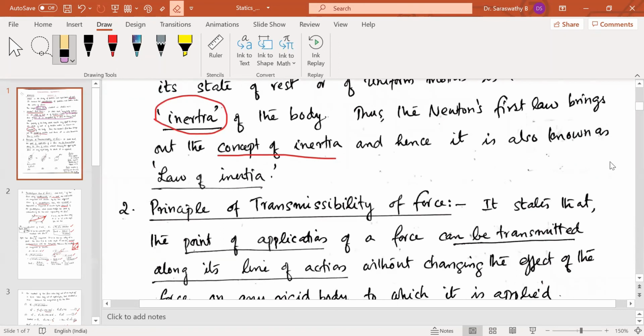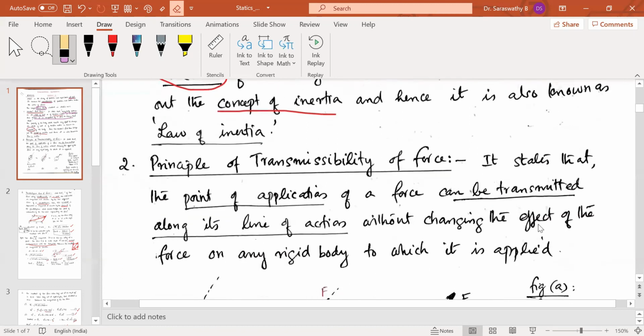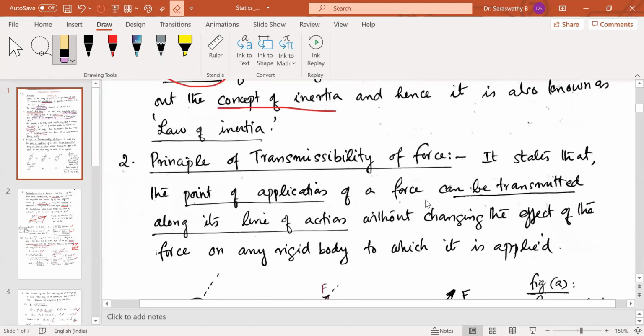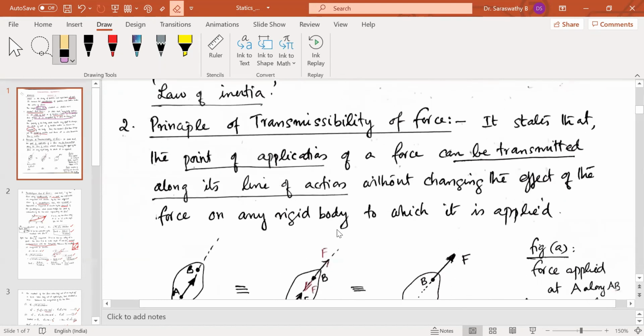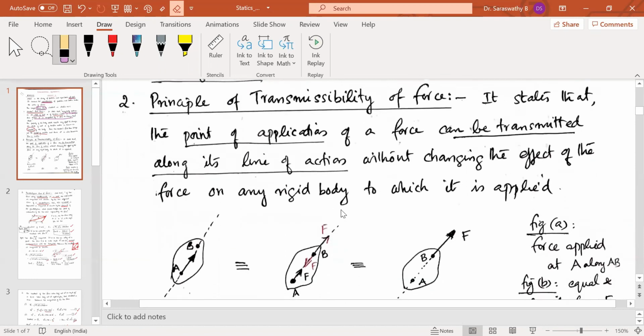The principle of transmissibility of force states that the point of application of a force can be transmitted along its line of action without changing the effect of the force on the body. I'll illustrate it.